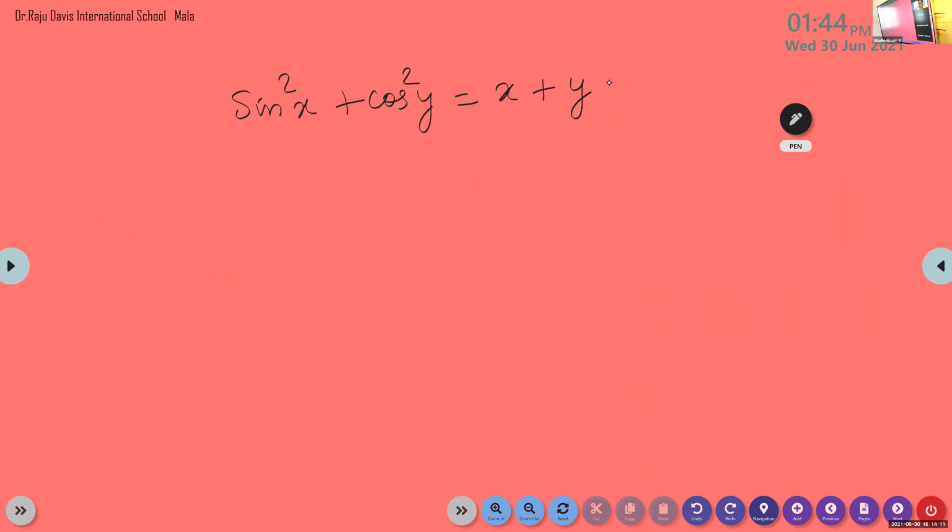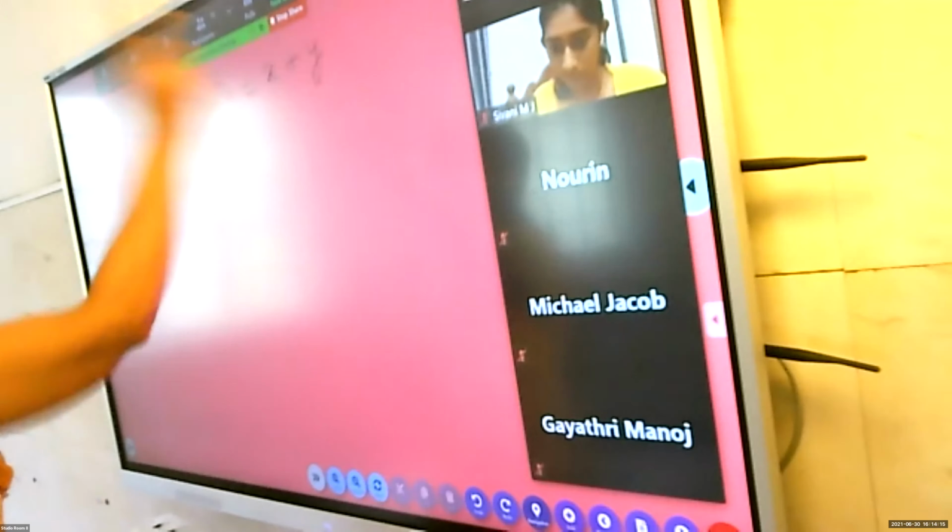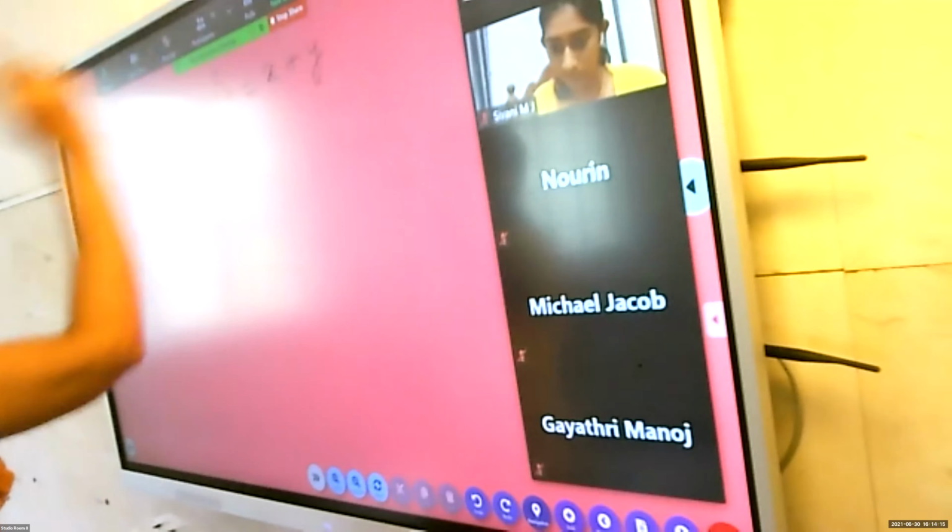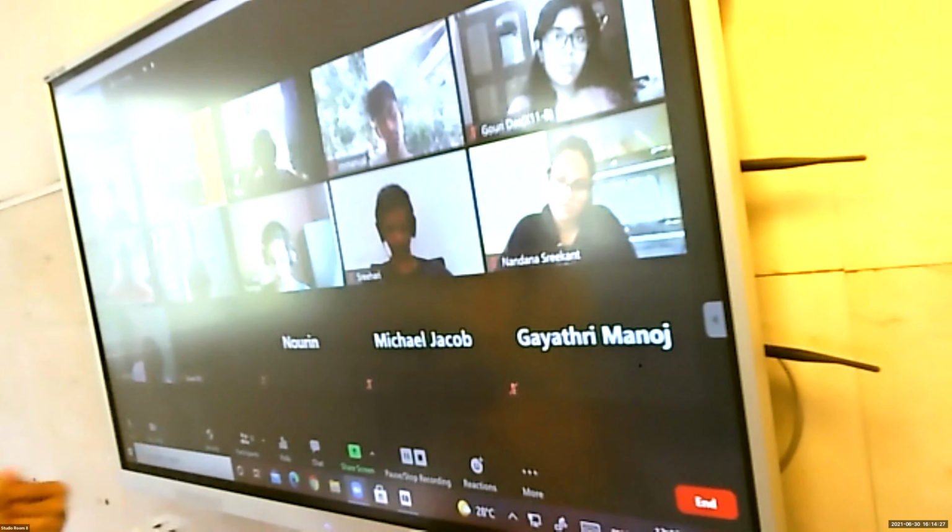How to do this? What is the derivative of sin square x? Yes, Punya. Cos x, 2 sin x. Okay, what is the derivative of x square? 2x.